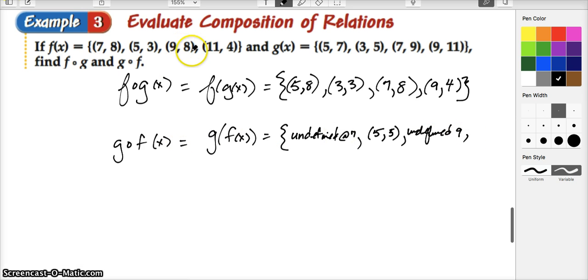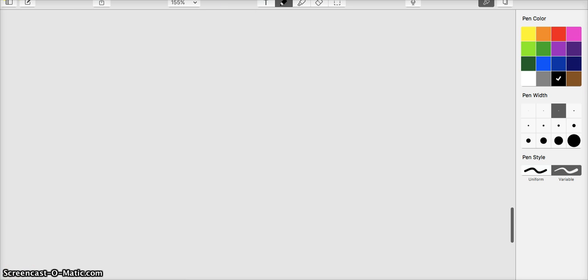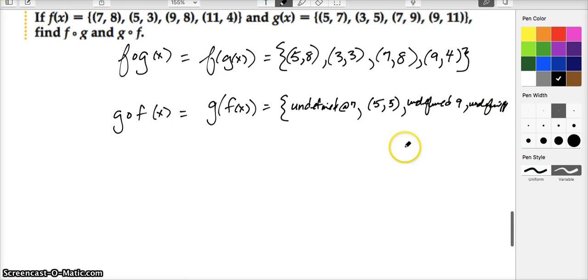Finally, if we plug in 11 into this function, we get 4, and we see we don't have it because 4 is not a part of the domain of g. So I end up with an undefined also at 11. I'm going to change that to 11 there. Okay, good. So this is what we have.